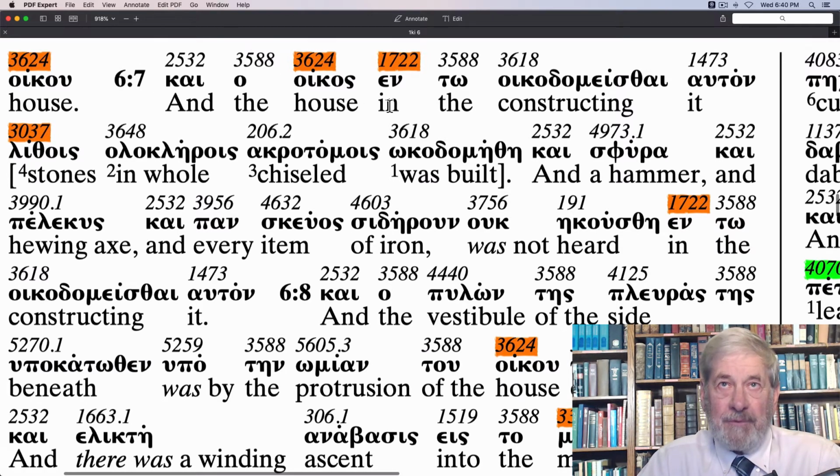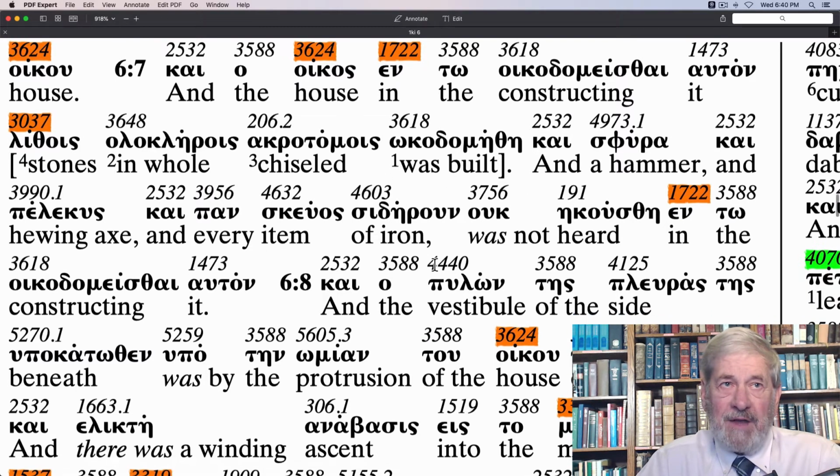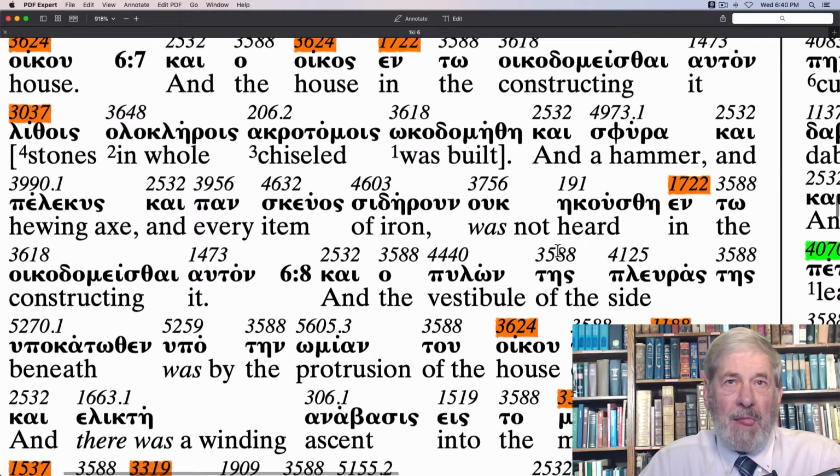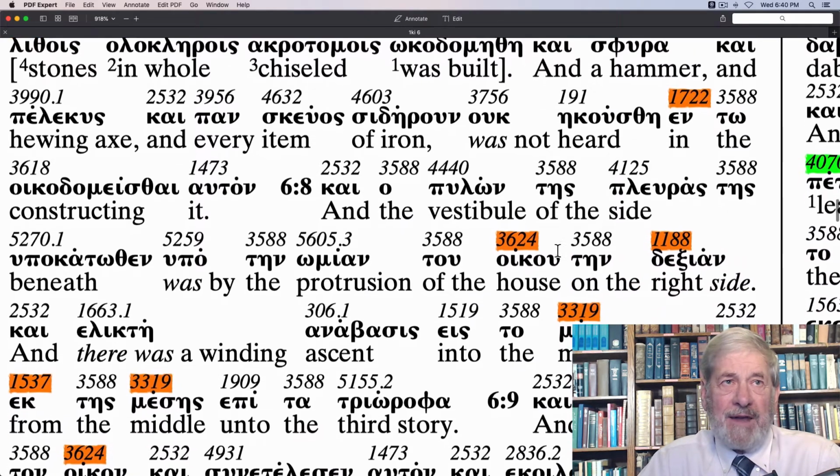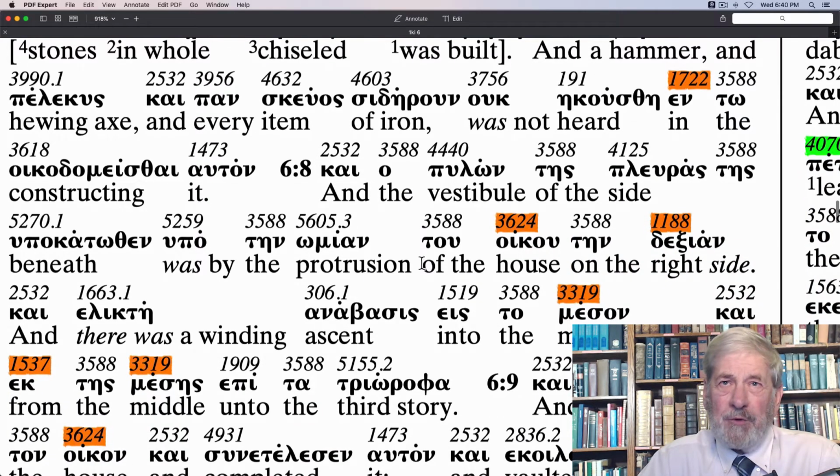And the house, in the constructing it, was built of whole chiseled stones, and a hammer and hewing axe and every item of iron was not heard in the constructing it. Now, the stones, what part of it, how much of it was all stones, I don't know. And the vestibule of the side beneath was by the protrusion of the house on the right side.